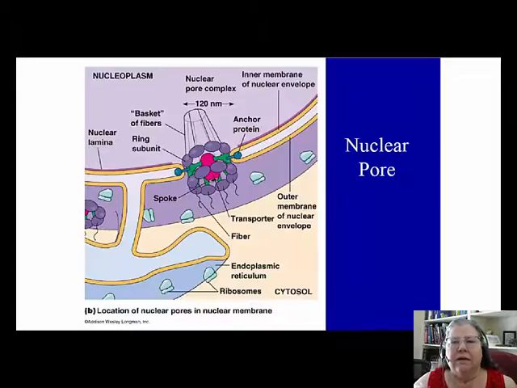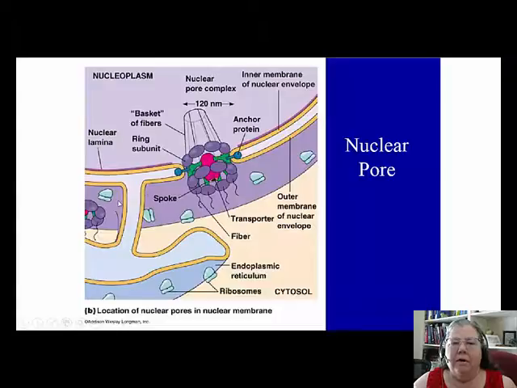So here we have a diagram where we see two lipid bilayers, the inner and outer membranes of the nuclear envelope.